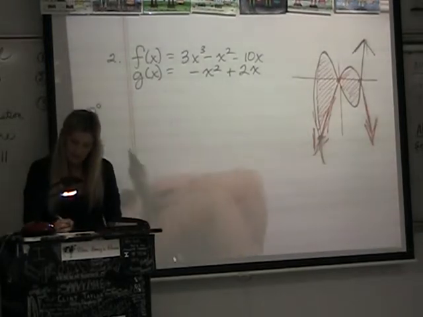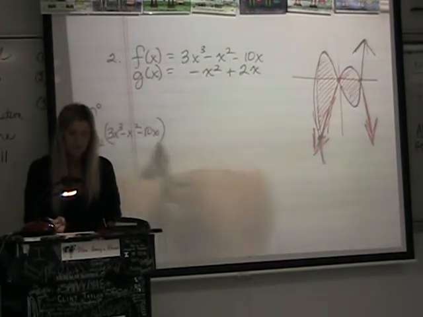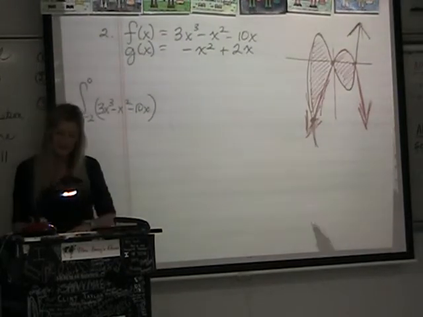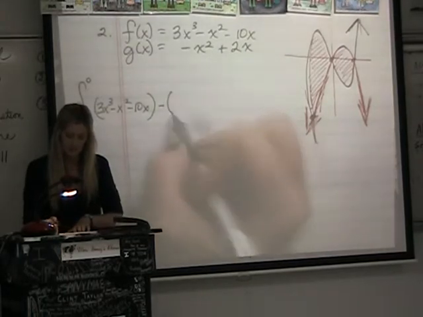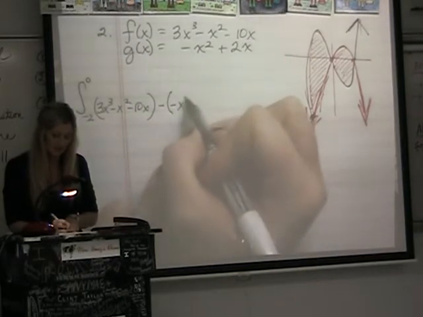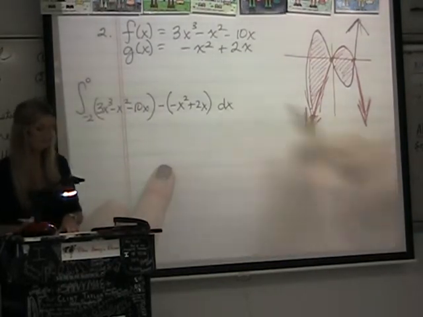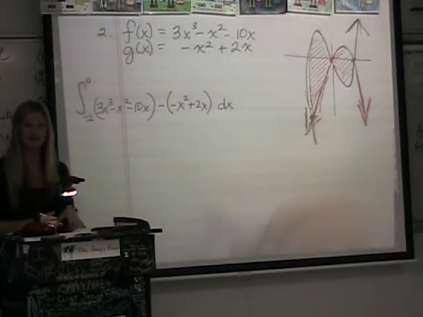So I'm going to write that one down first, 3x cubed minus x squared minus 10x. And then I'm going to subtract the bottom curve, which is negative x squared plus 2x inside parentheses, dx. I'm going to figure out that answer.